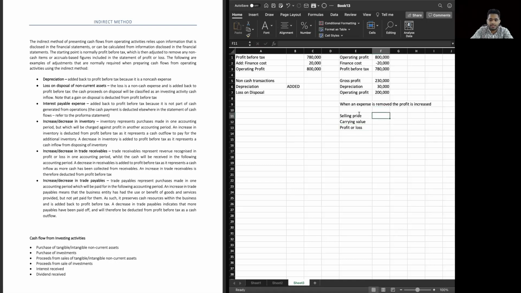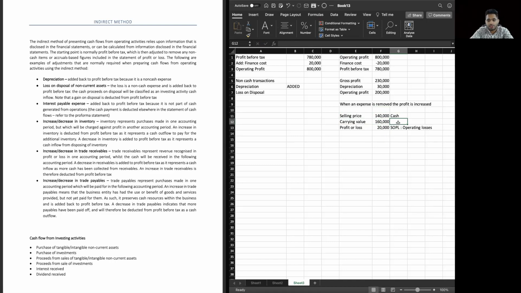So if the selling price was 140,000 and the carrying value was 160,000, then you would make a loss of 20,000. This loss of 20,000 is what you're going to show in your SOPL under operating losses. So you need to remove this value of 20,000 because this is not the cash figure. The cash figure is going to be the cash proceeds of 140,000.